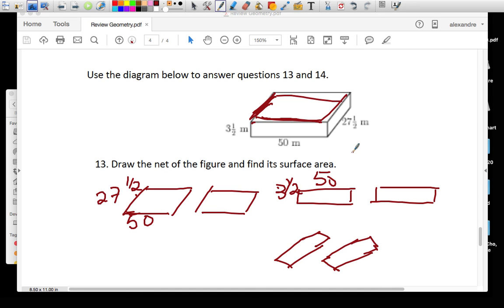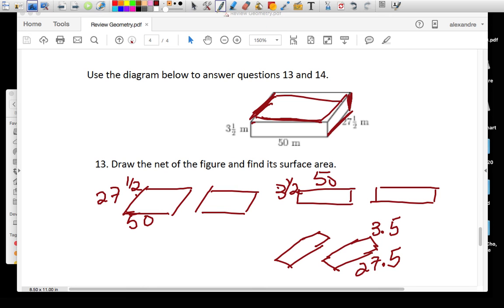And I'm going to do that twice. And then finally, the side here, this whole thing is 27.5, and my height over here is 3.5. So there are the dimensions of all 6 faces. You got to do them twice and then find the sum.